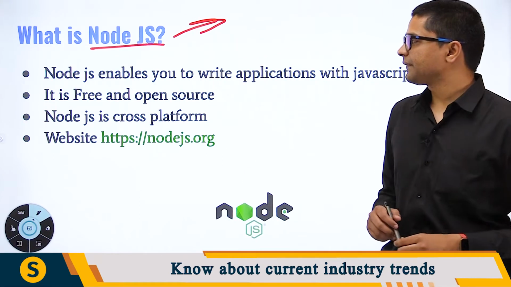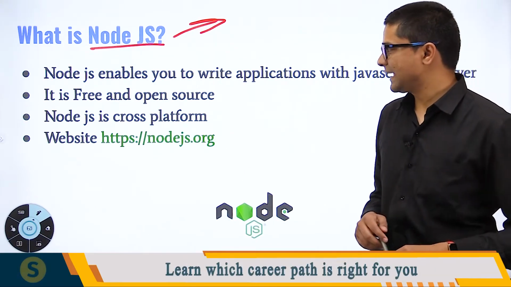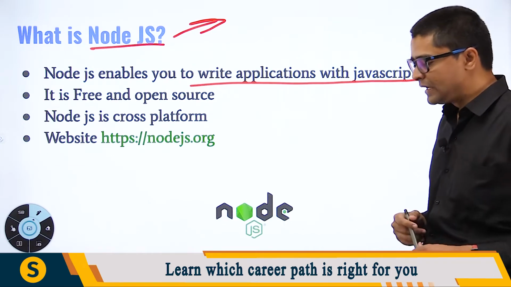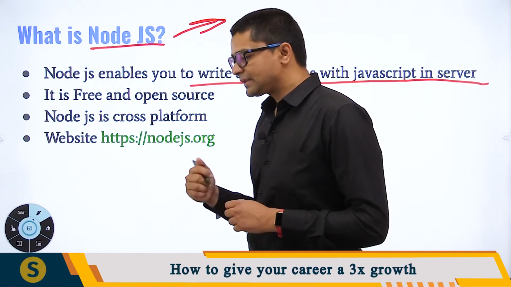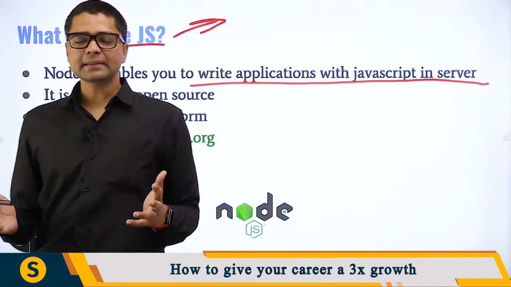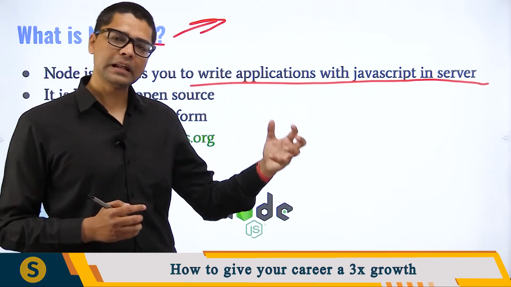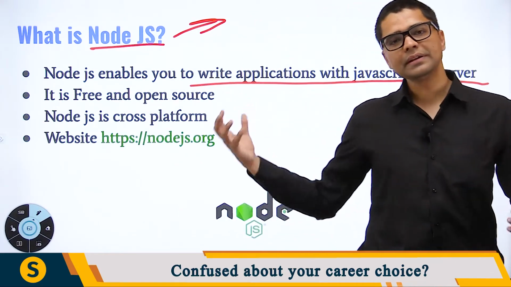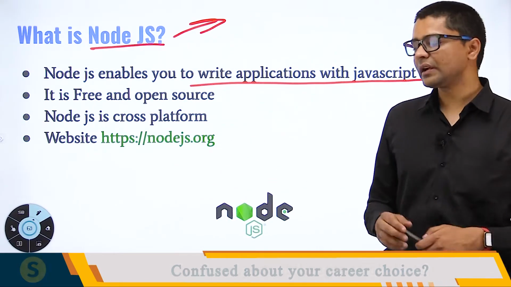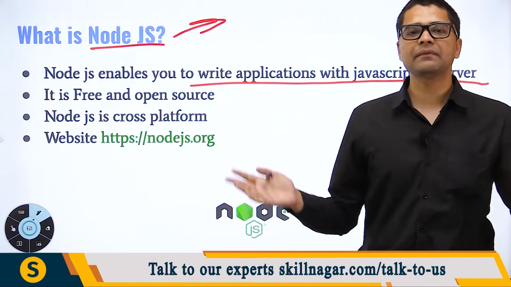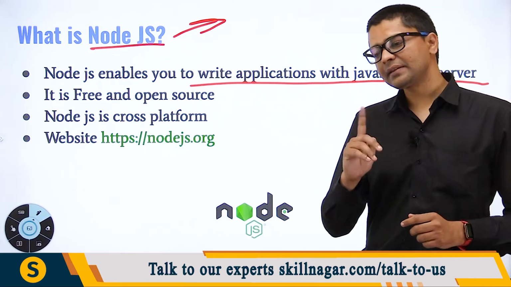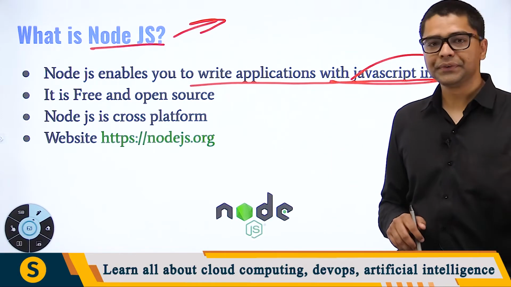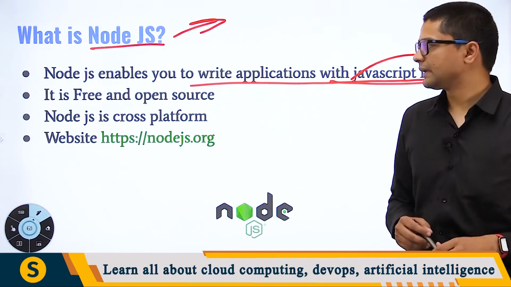What Node.js helps us do is write applications with JavaScript on the server. Previously, when we were not using the MEAN stack, I had to learn a different language for the backend and a separate language for the front end. But the advantage Node.js gives me is that I don't have to learn different languages for different kinds of platforms. I just have to learn one language, JavaScript, and I can create applications which can run on the server and on the client end.